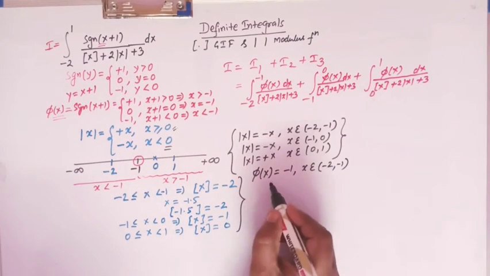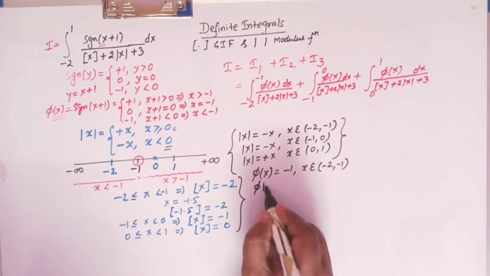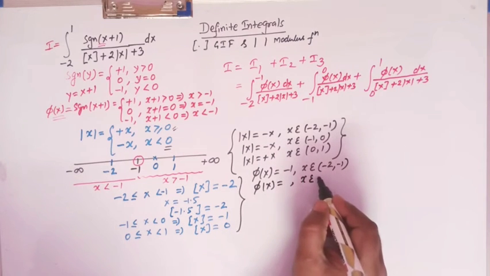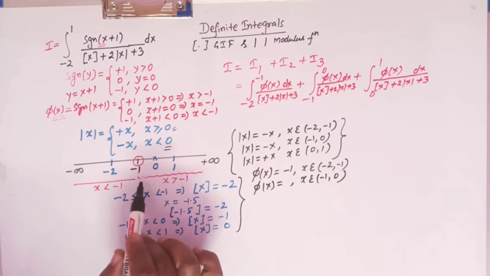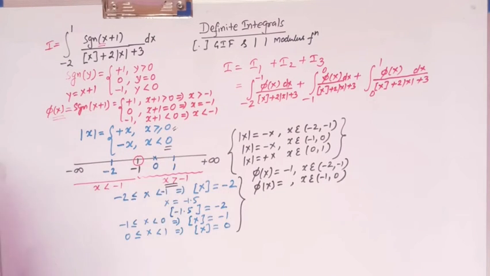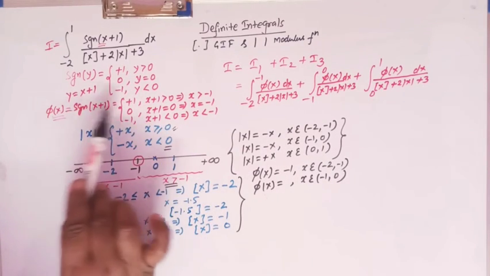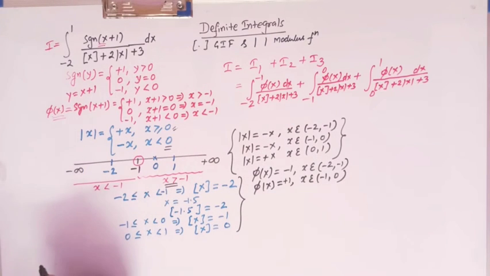And when x lies between -1 and 0, then the value of x is greater than -1. So due to this definition, phi of x has value plus 1, right?